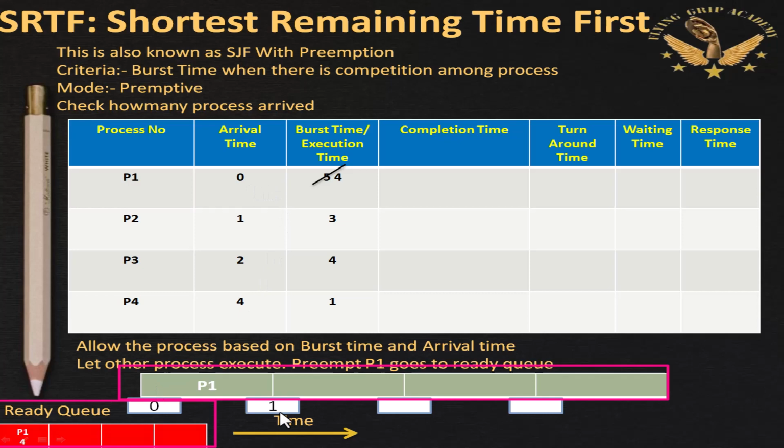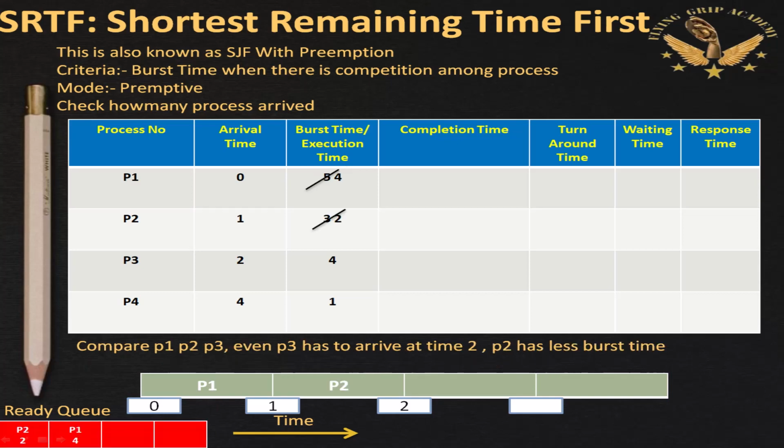Next we are going to allow the next process P2, and P2 will also be allowed 1 unit of time. Next we are going to allow another process P3, and while we are allowing P3, we are going to check.